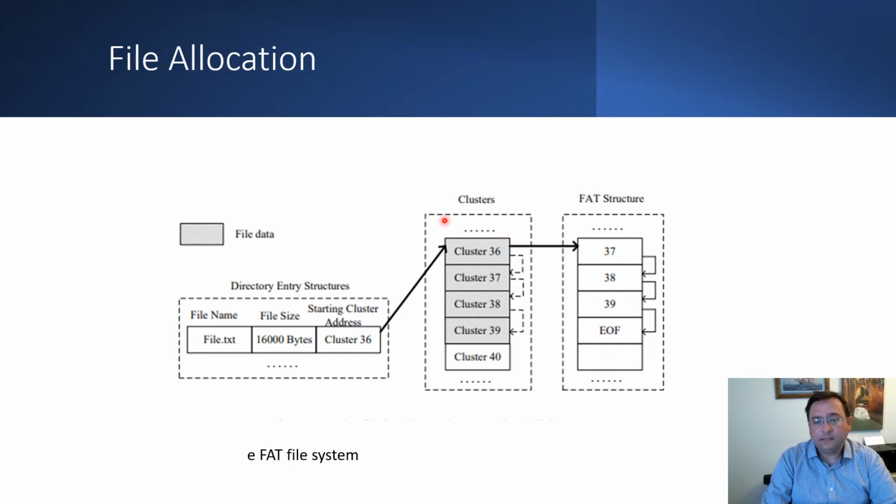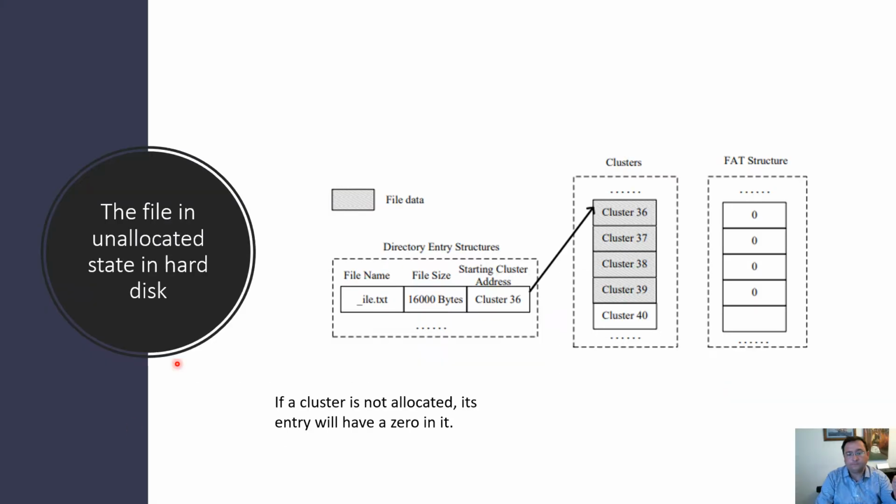The FAT structure helps the cluster system to identify the next cluster through the use of links. And this is how a file allocation table works to allocate the file clusters and how the files are distributed.